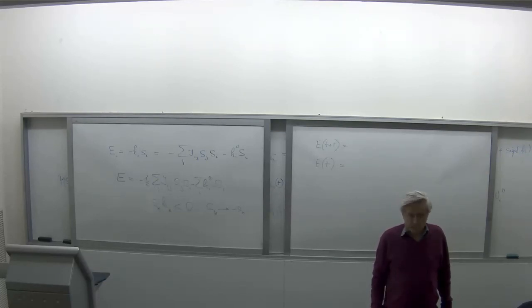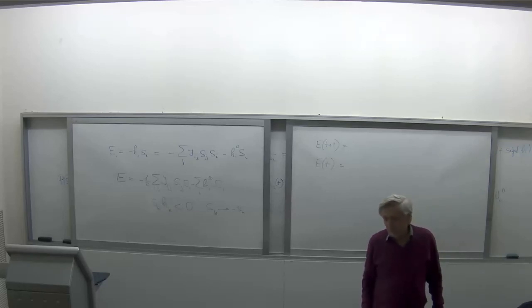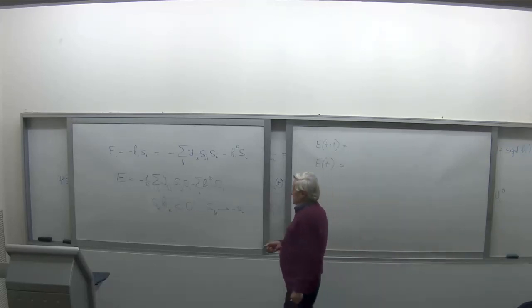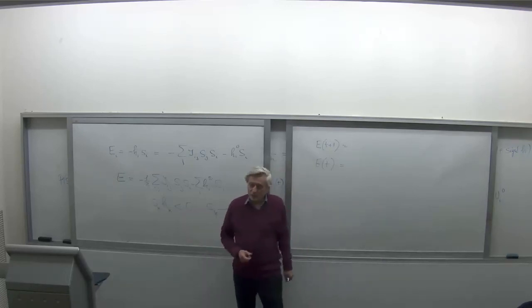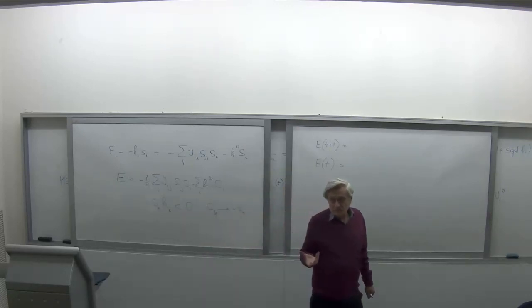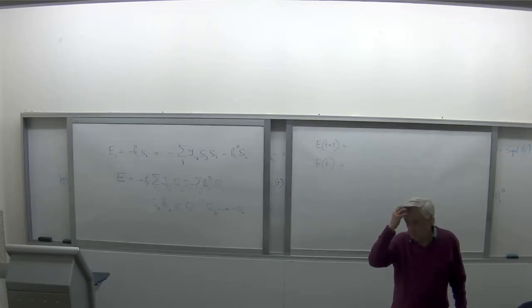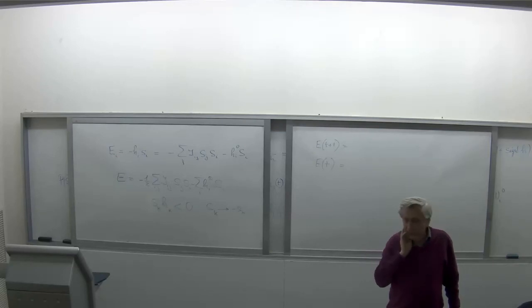And so this function will decrease each time that such a condition occurs and compels the spin to flip, and then the function will decrease until it can decrease no more. Then it has reached an equilibrium. And this is the essence of an energy function.